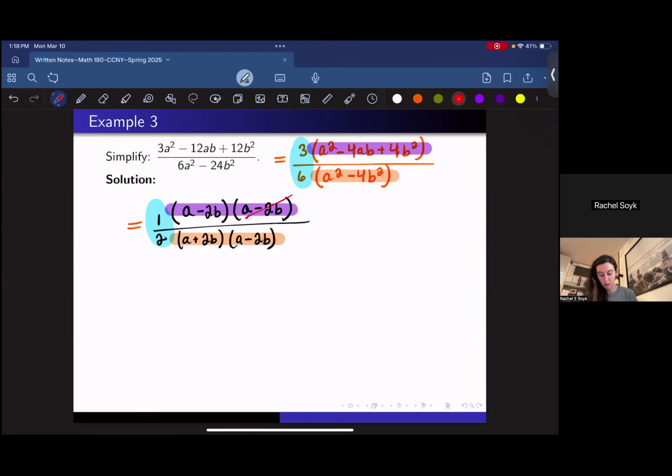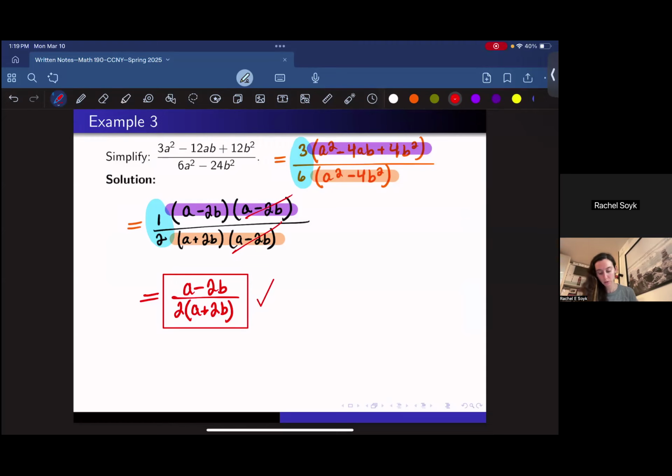A minus 2b in the numerator and an a minus 2b in the denominator. So our final simplified result is a minus 2b all over 2 in parentheses a plus 2b. And we are done.